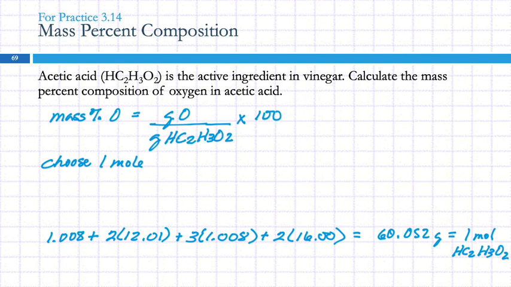So, if we're going to talk about significant figures here, we should probably say it has 2 decimal places, because that's what you would get if you just added all those things together. And so my 60.05 and your 60.03 are fine. There's uncertainty in the last digit. We disagree in the last digit, not a problem. Okay, so that is the mass of 1 mole of the compound.